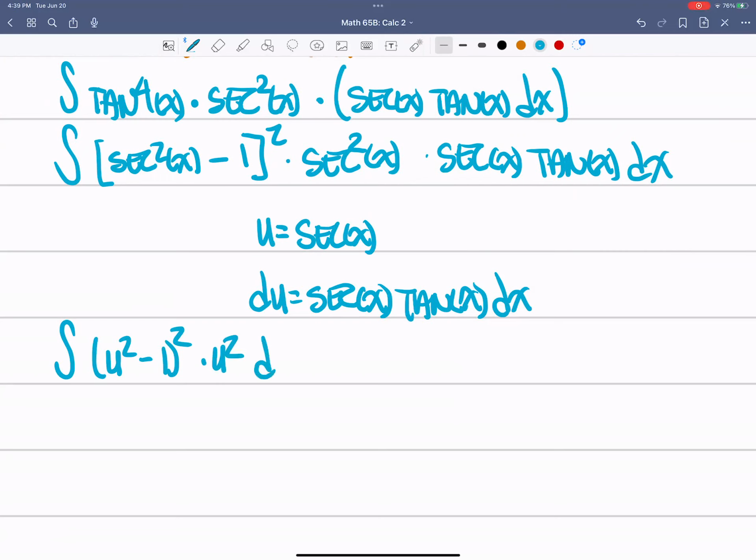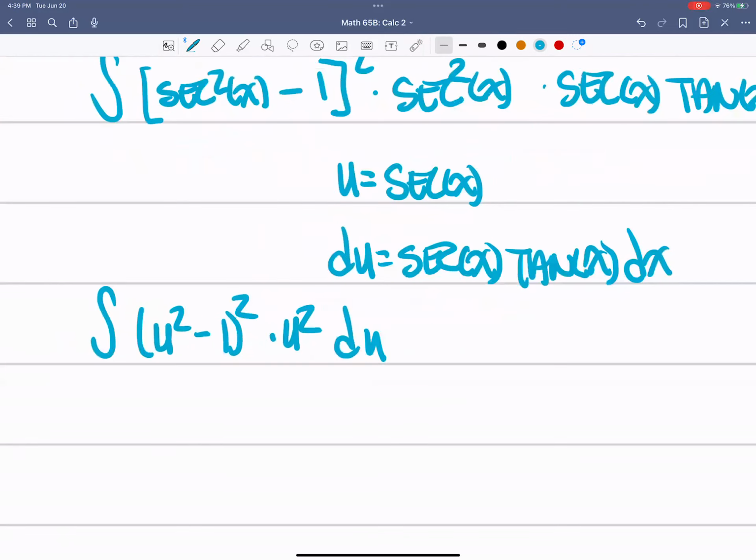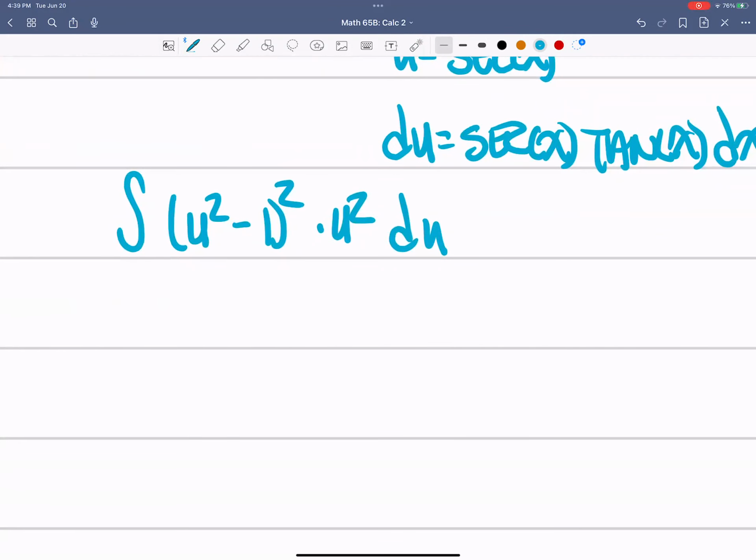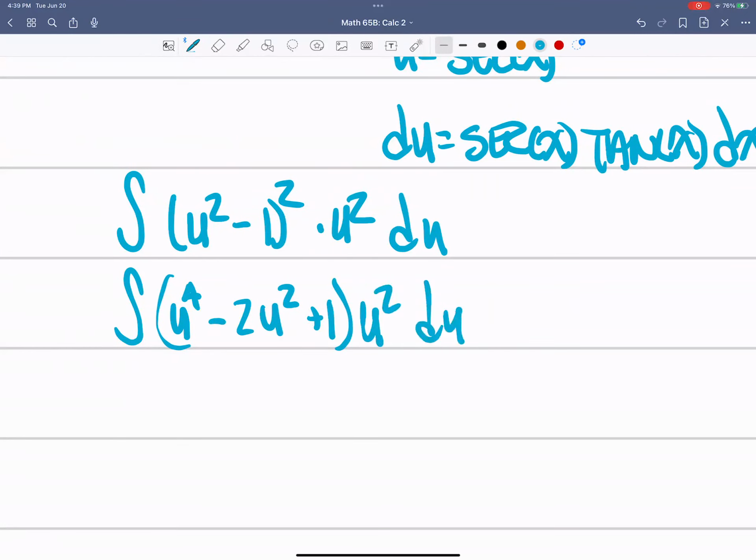That whole rest of it is going to be du. Let's expand that: u to the power 4 minus 2u squared plus 1. Actually, that should be minus 2u squared. And we're multiplying that by u squared du.